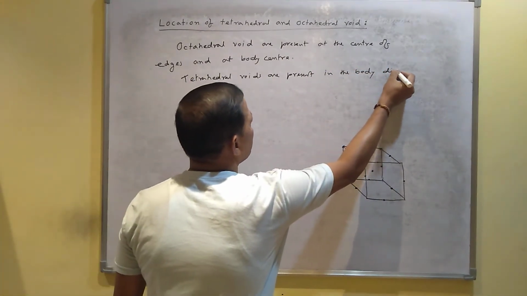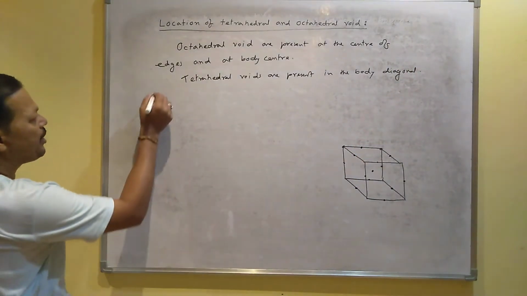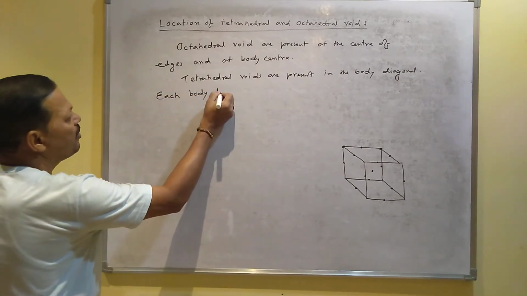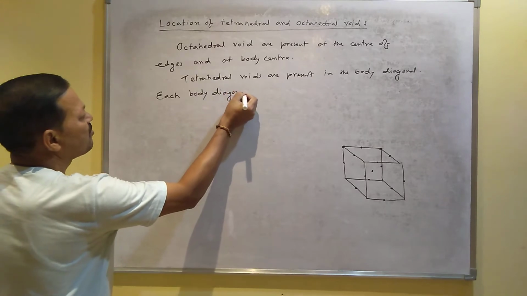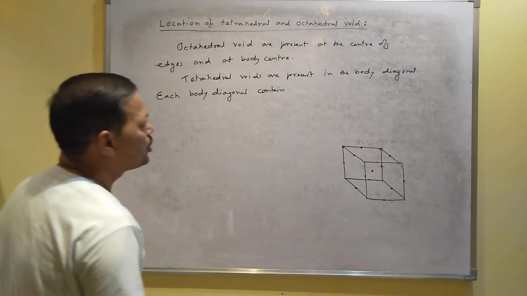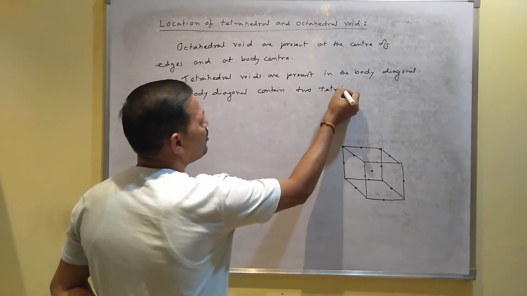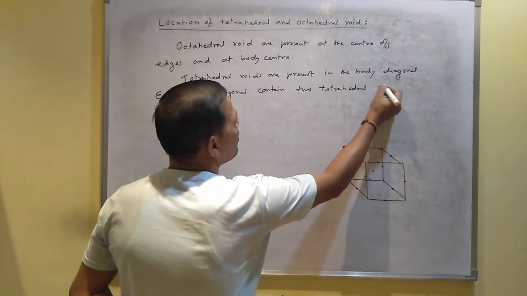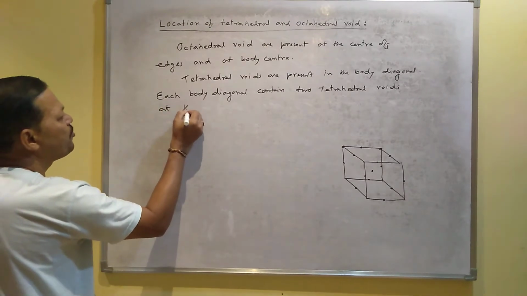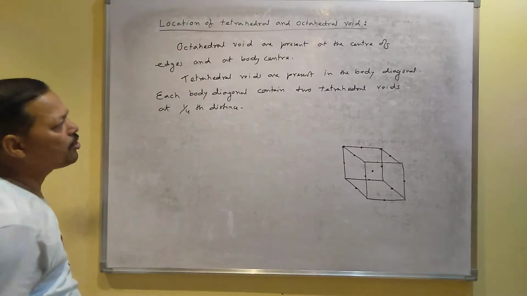Each body diagonal contains two tetrahedral voids at 1/4 distance. This is the position of the tetrahedral void.